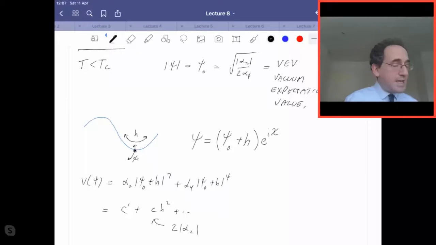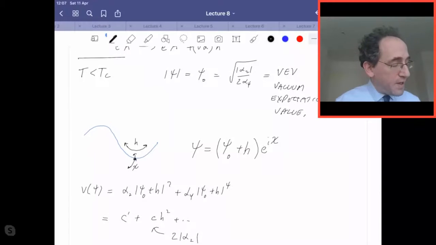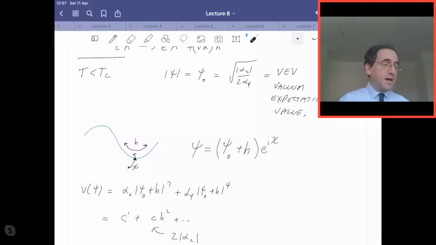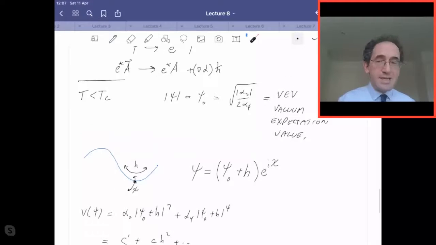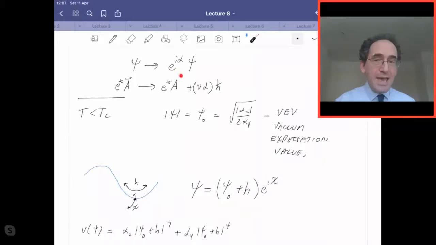Now the whole key to the Anderson-Higgs mechanism is the following: if you try to go around the rim by changing chi, you can always gauge transform it away. We're allowed to make this gauge transform, and we can gauge transform this psi here to get rid of any attempt to go around the edge of this rim, preventing you from going around the rim altogether by just choosing a different gauge.